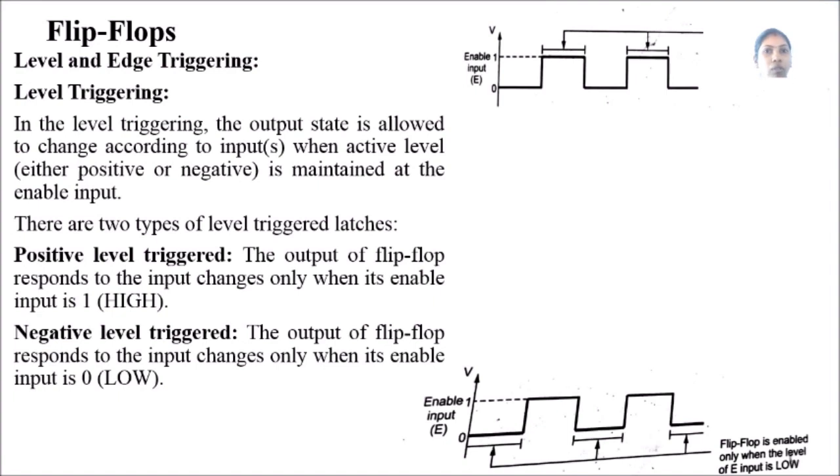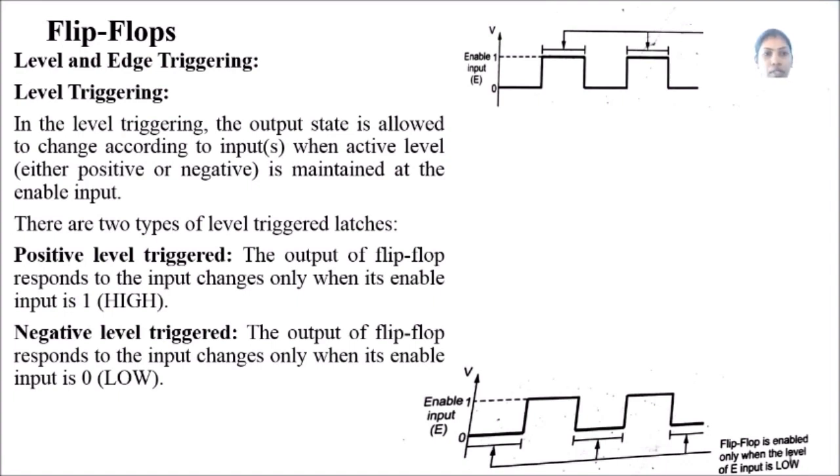Depending upon the clock pulse given, there are two types of triggering, level and edge triggering. In level triggering, the output state is allowed to change according to the input when the active level is maintained at the enabled input. So we have to maintain the level. There are two types of levels, positive level and negative level.